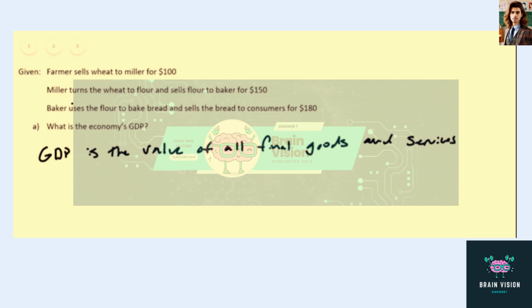And so in this economy, the final goods and services is the bread given to consumers, so GDP is $180.